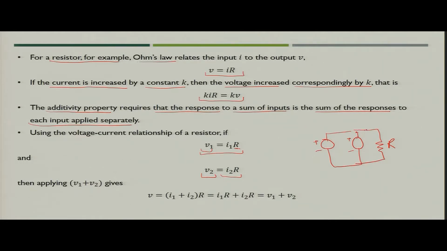So, you have the switch connected either to voltage V1 or to voltage V2.